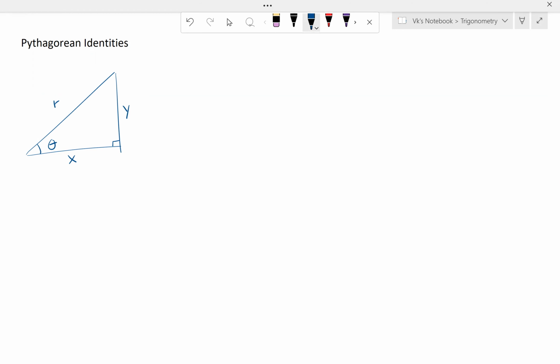We know that sine squared plus cosine squared is (y over r) squared plus (x over r) squared.